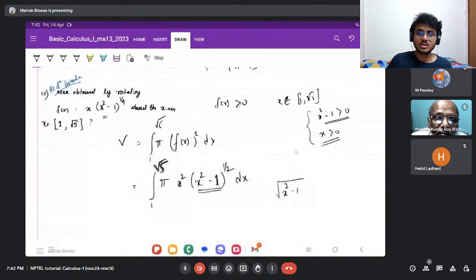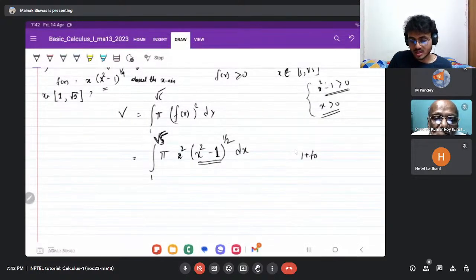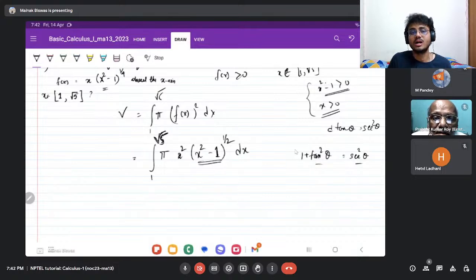So whenever you see root of x square minus 1 sort of a thing, what comes to your mind? Do you remember 1 plus tan square theta is equal to sec square theta, and d tan theta is equal to sec square theta? This is the trump card that we'll be using.